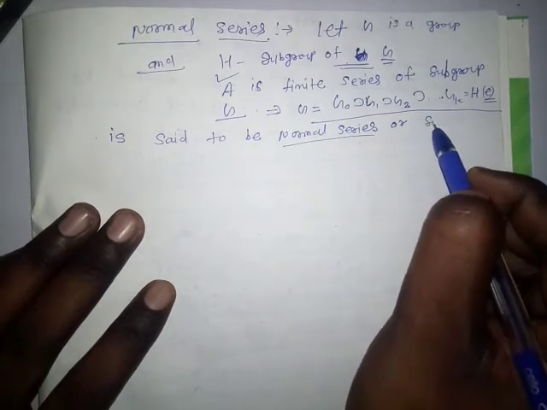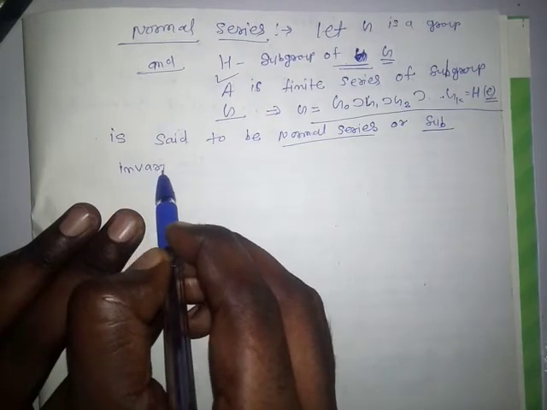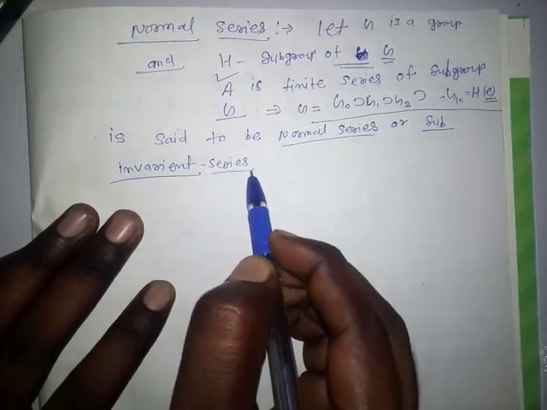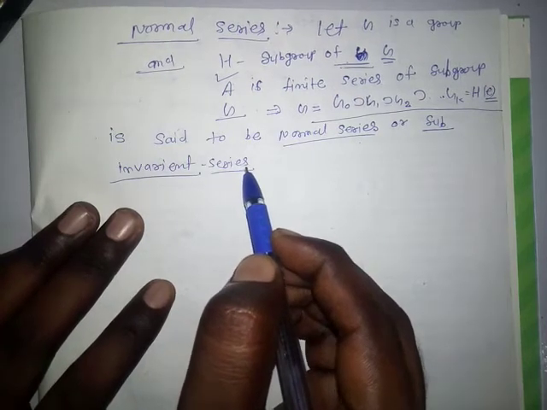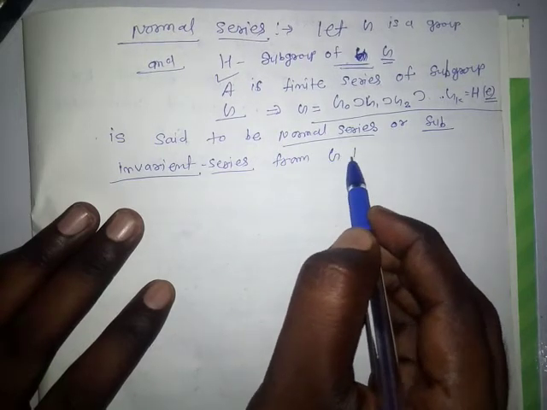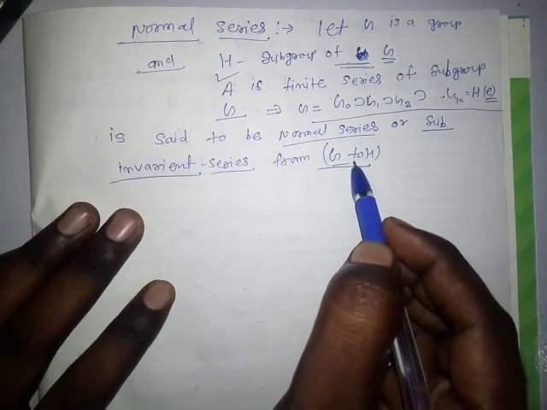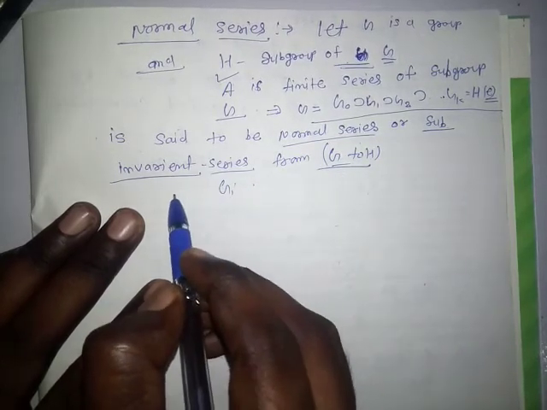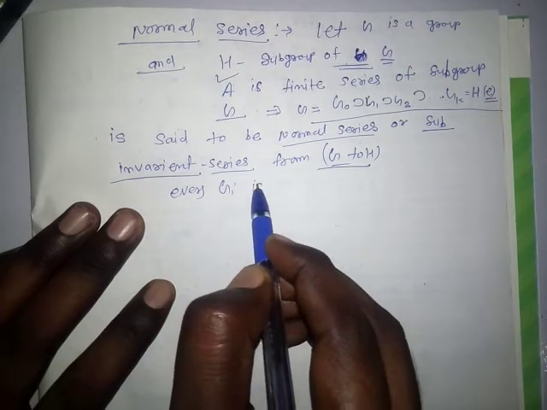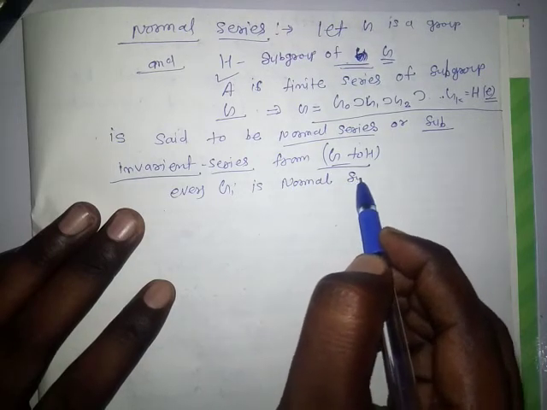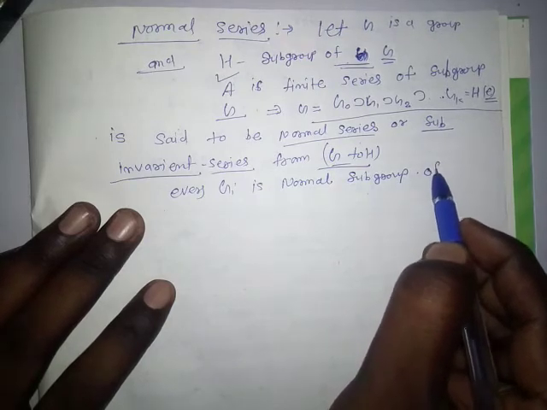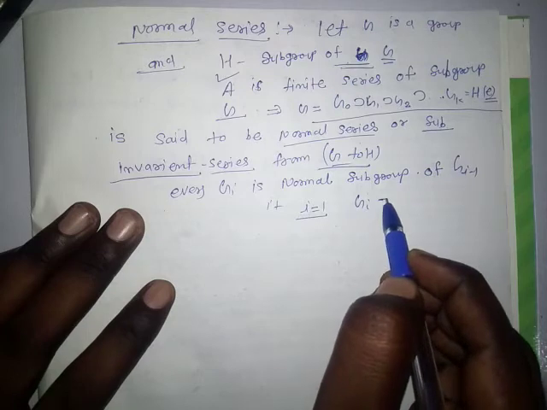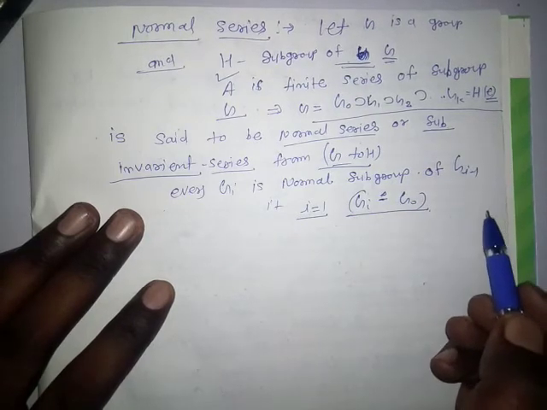The other name is subinvariant series from G to H, students, if every Gi is a normal subgroup of Gi minus 1, for i equals 1 and so on.